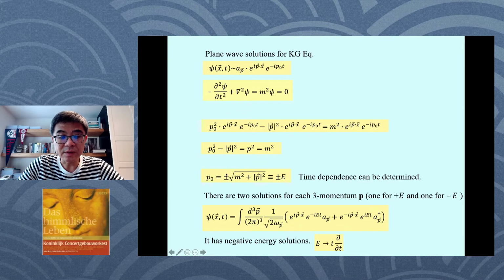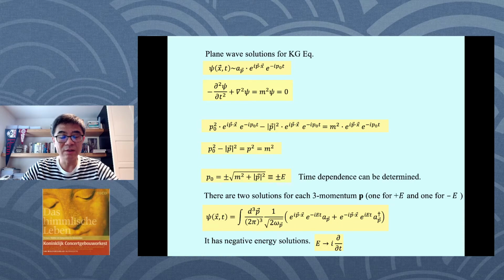However, the problem is the plus and minus in front. The plus and minus means this p0 actually has two solutions, not just one. Another solution is minus E. If p0 is minus E, then that means there is a negative energy solution for this equation. That's very bad because we all know that the energy could not be negative.